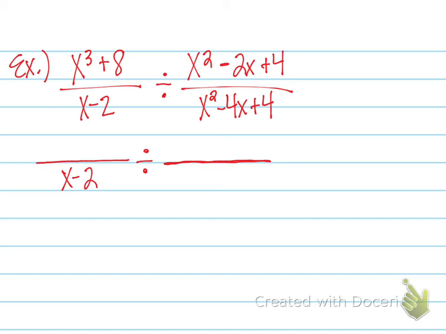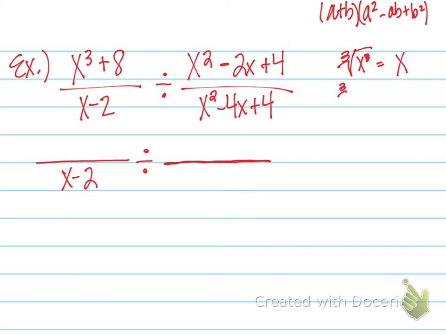Yeah, so you have to think back and use that sum of cubes formula that we learned a couple weeks ago. Remember, it was a plus b, and then a squared minus ab plus b squared for the sum. So first, we take the cube root of x cubed, and we're left with x.